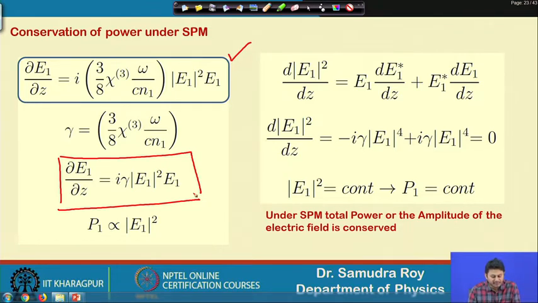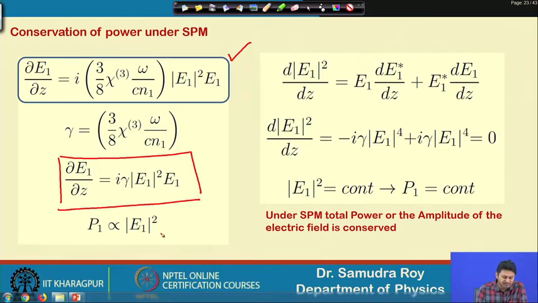Well, once we have the self phase modulation equation in our hand, the next thing is to show that the power will remain conserved. So, E1 is going to evolve over the distance, but is there any change in power? Here in this expression everything is related to E1, so there is no power exchange kind of term, but to ensure this, let us find out how the power evolves.